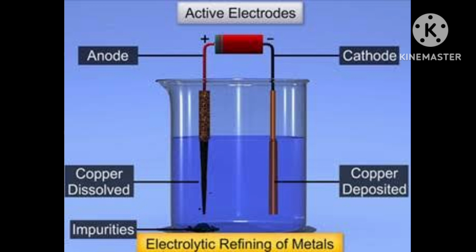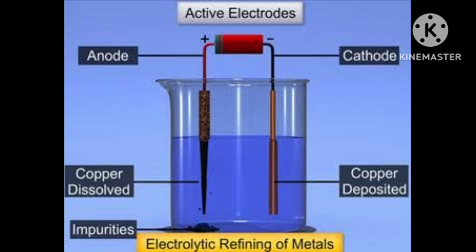And 1F means how much charge, you know, 96,500. It means the total charge required by magnesium is 2 into 96,487, and for aluminum 3 into 96,487.